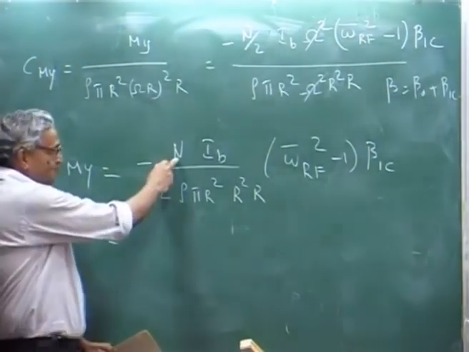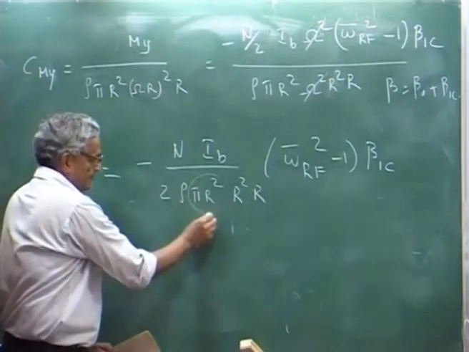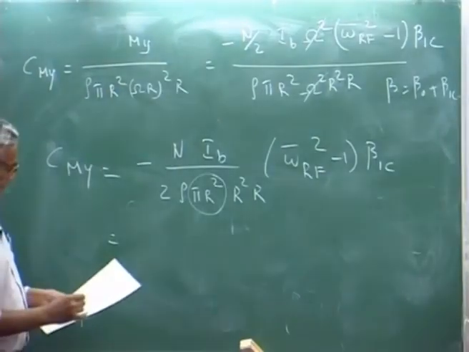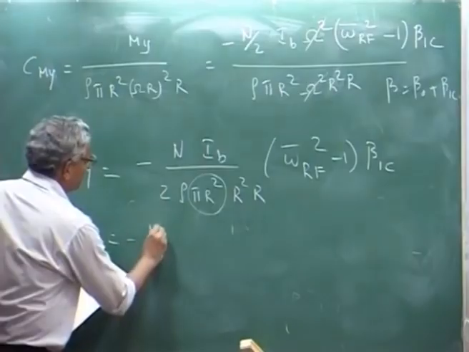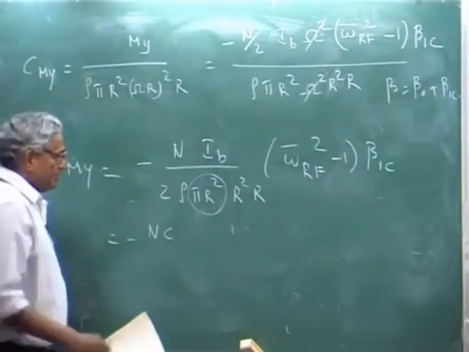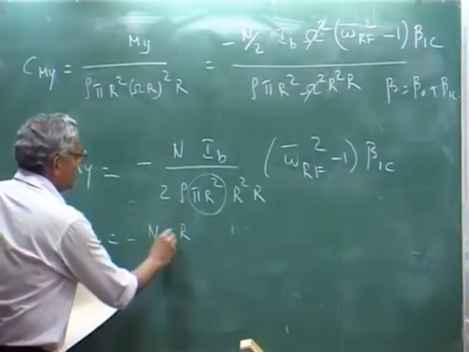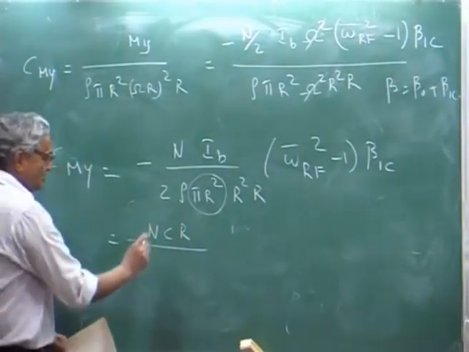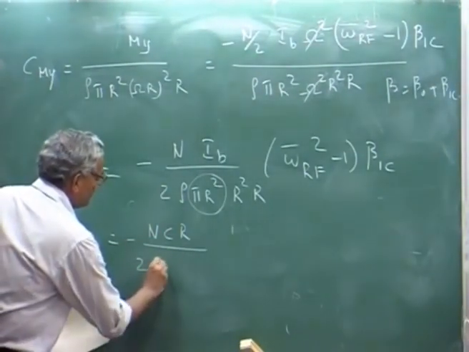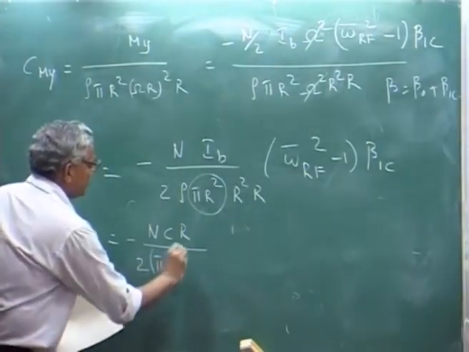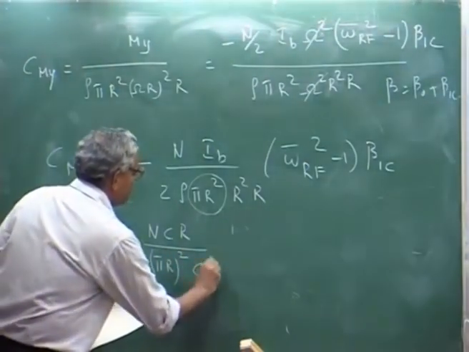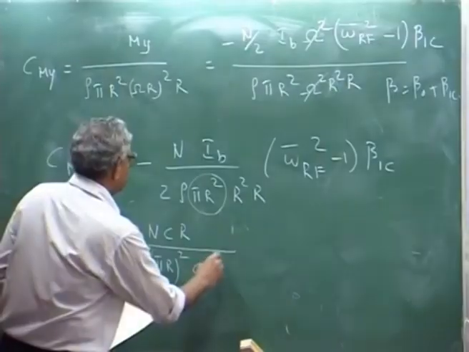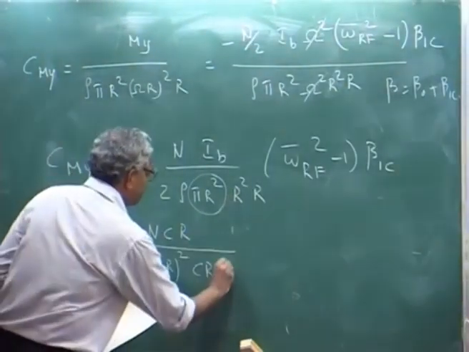What you do is, in pi R squared you put N c, multiply by R, c R in the numerator, and in the denominator you multiply by c R again. So you will have 2 pi R squared, you will have c R, and then R squared R, am I right?